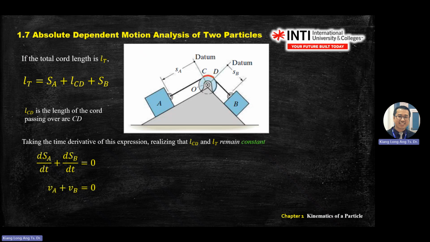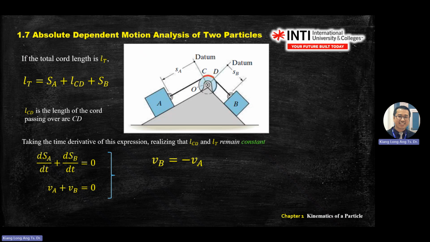VA plus VB equals 0. You move the VB to the right-hand side, you get one negative, one positive. It doesn't matter, as long as it shows your logic. What logic?